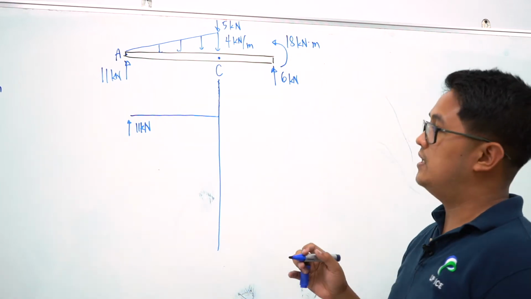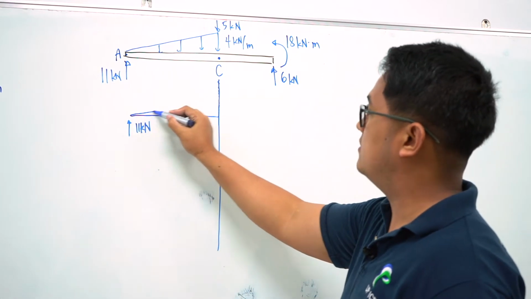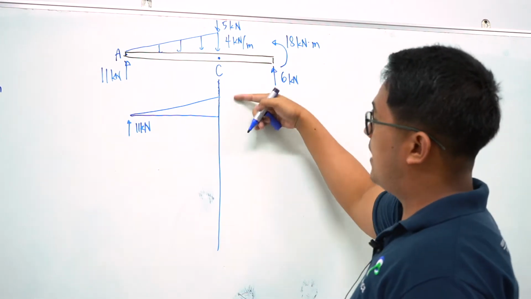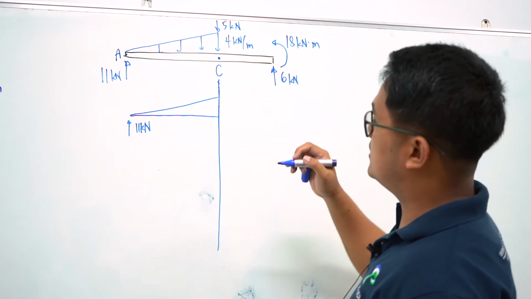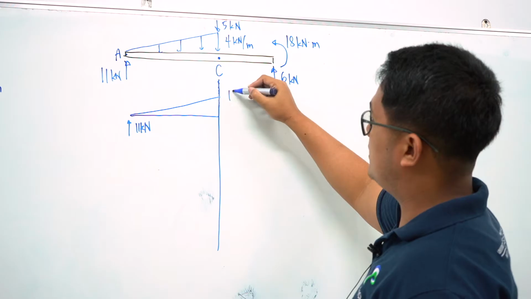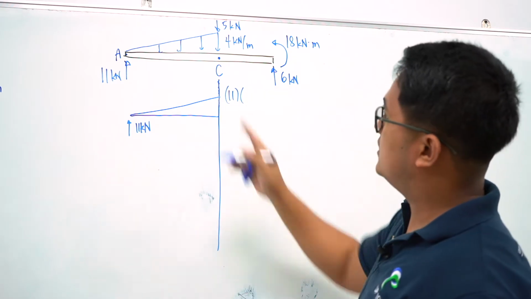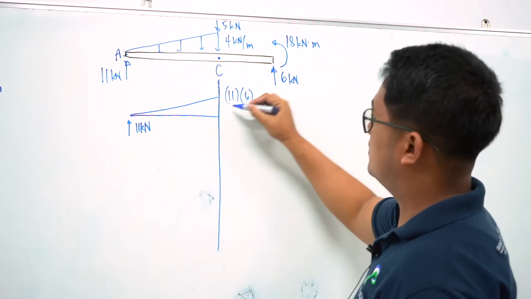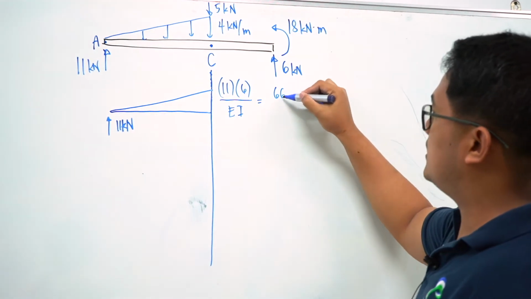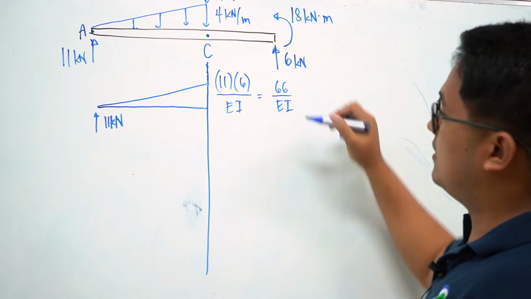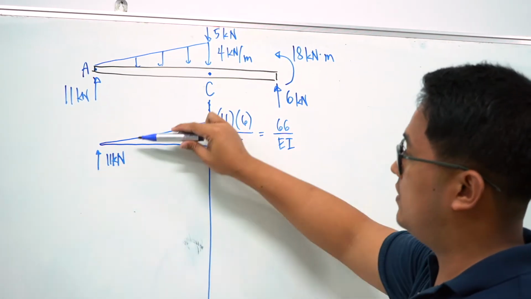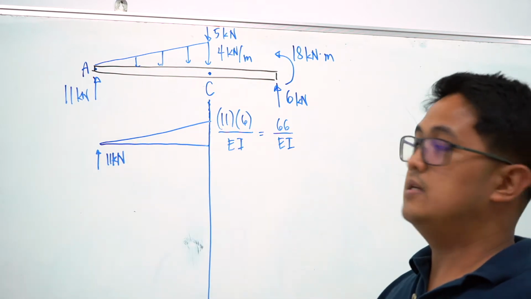That force will contribute a triangular moment with magnitude equal to PL, P times the length, which is 11 times this length, which is 6 meters, divided by EI. So simplifying, this will give us 66 over EI. And take note that this is positive moment because this will make our beam smile.